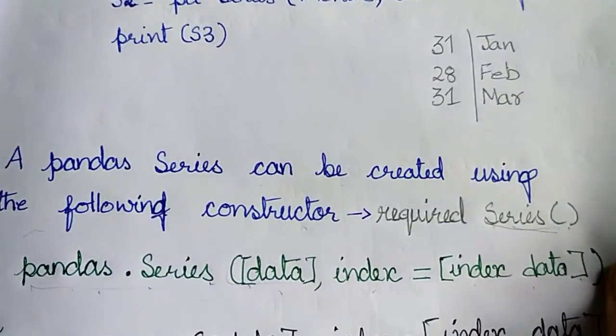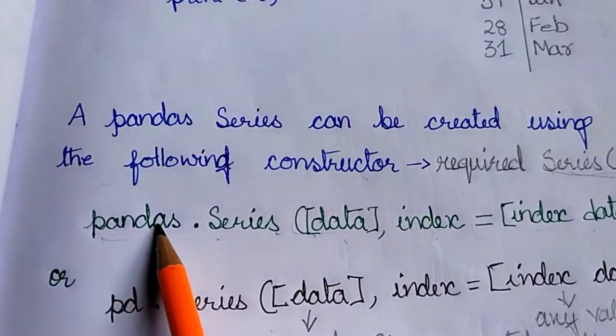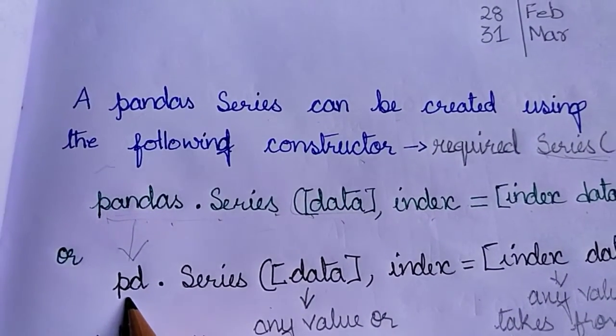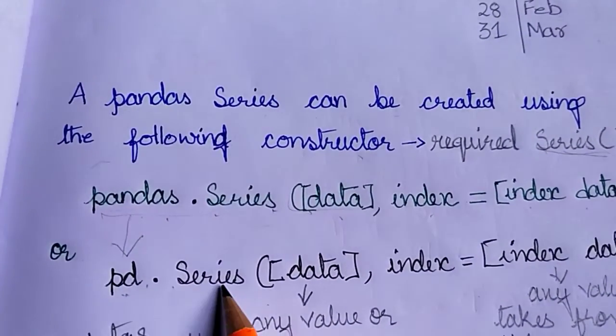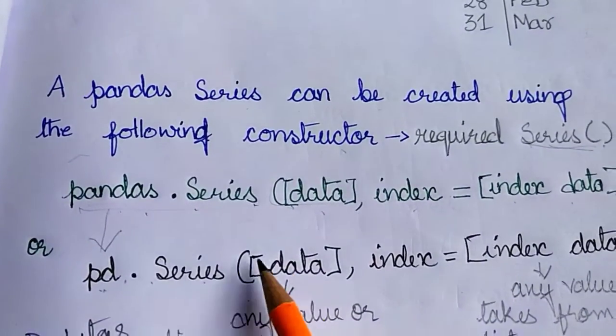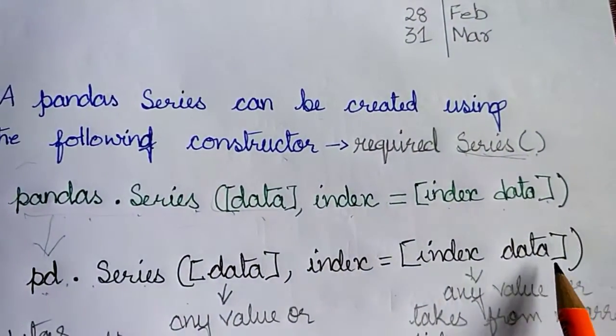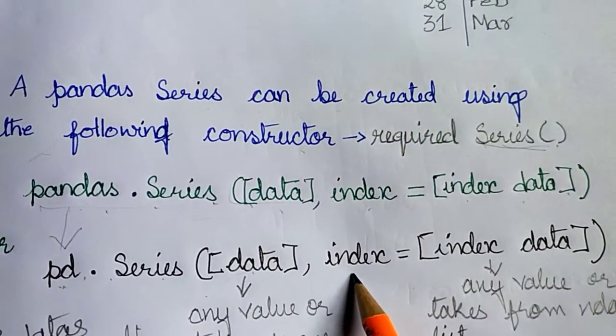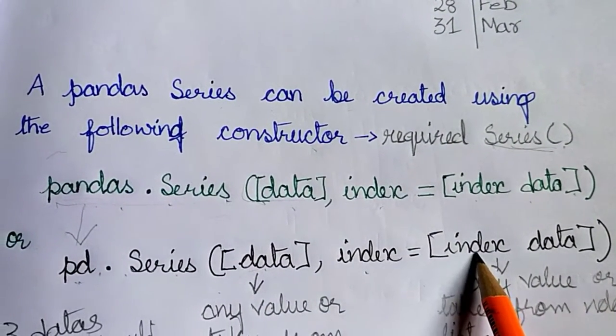Or instead of writing pandas, you can also use the alternative word, that is pd. pd.Series, inside the parentheses, you can put the data, index if required, and the index data.